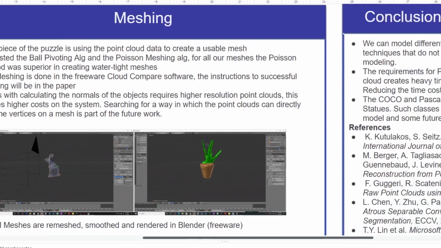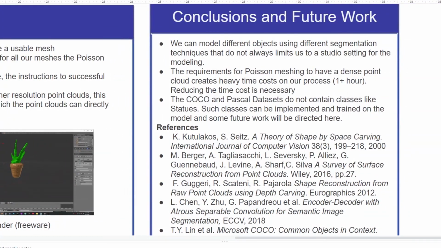So we can model different objects using different segmentation techniques, and we don't need to be limited to a studio in order to do this. However, you're limited in how many classes you can use if you're not in a studio. If you're in a studio, you can model anything that's right in front of a white plane. But in the real world, if you want to model a different object there, it can get a little more difficult.